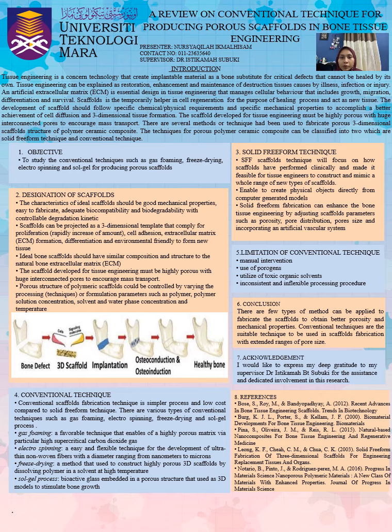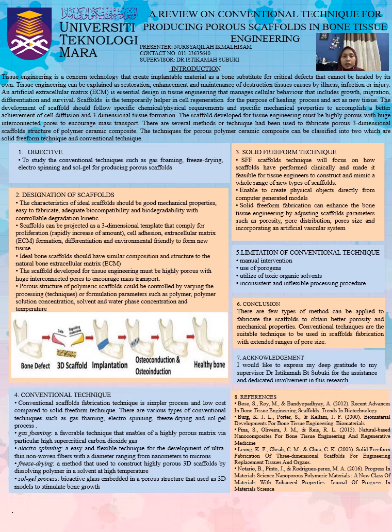While electrospinning is an easy and flexible technique for the development of ultra-thin nonwoven fiber with a diameter ranging from nanometer to microns. Freeze drying is a method used to construct highly porous 3D scaffold by dissolving polymer in a solvent at high temperature. The last one, sol gel process.